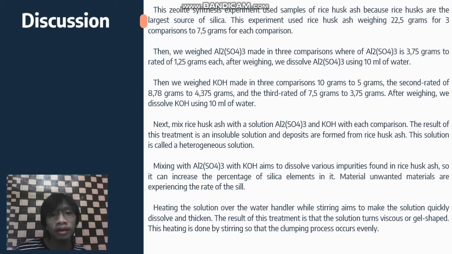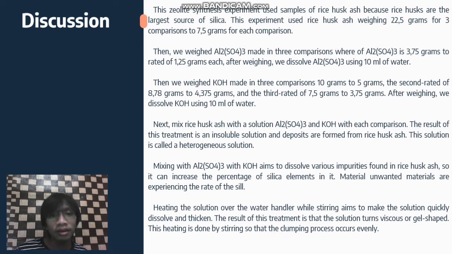Then we weighed aluminum sulfate made in comparison, where the aluminum sulfate is 3.75 gram, at a rate of 1.25 gram each. After weighing, we dissolve aluminum sulfate using 10 ml of water.